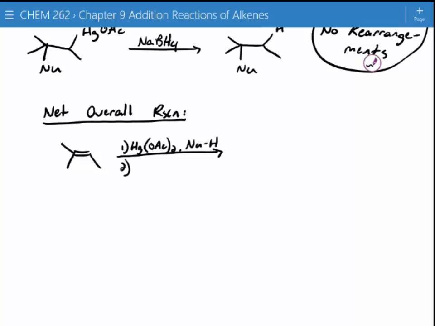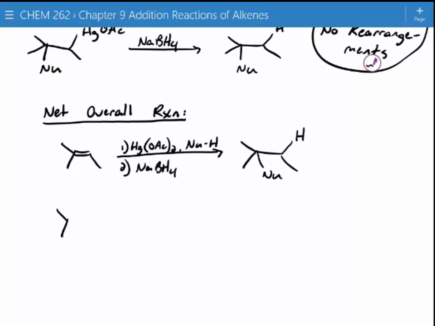And then the second step, in order to get that mercury group off, we've got to react it with NaBH4. And if we do this, we get a nucleophile added in, we get a hydrogen added in, and we don't observe any rearrangements.